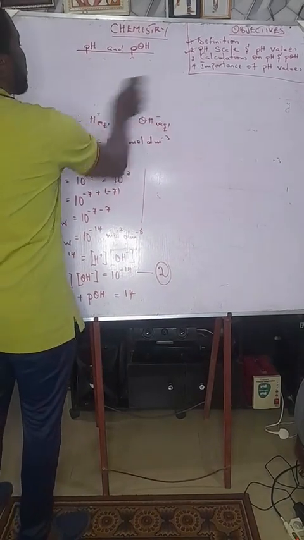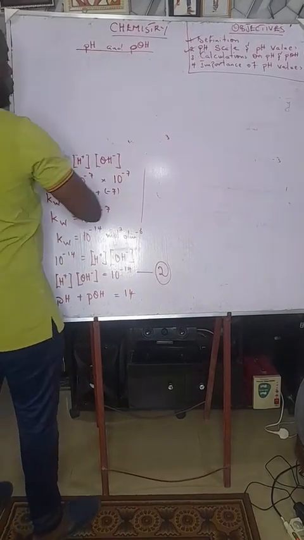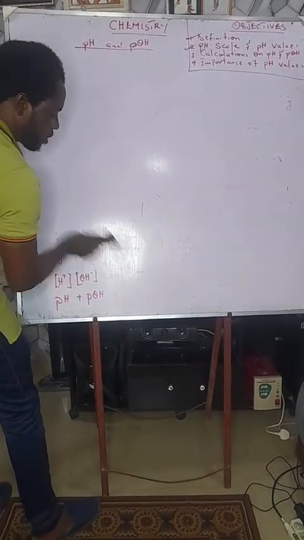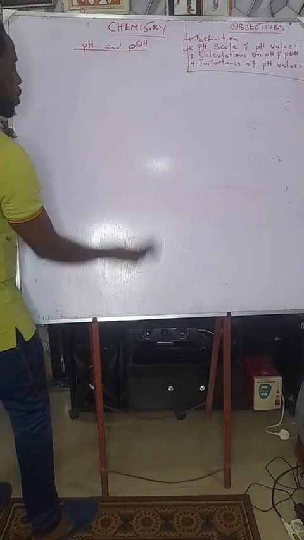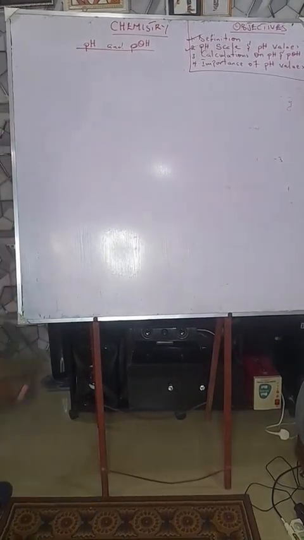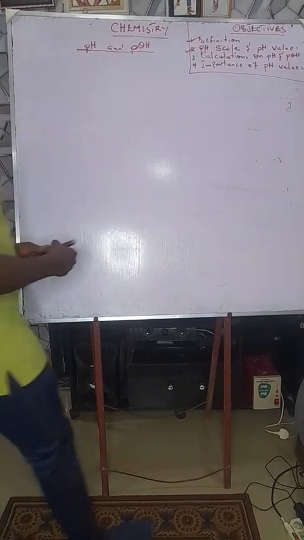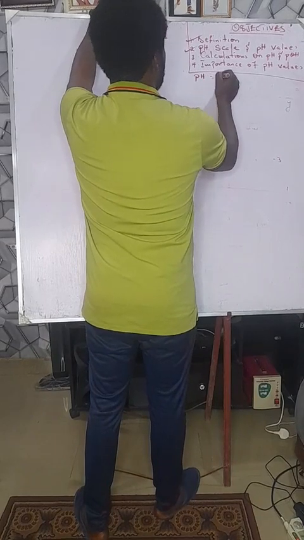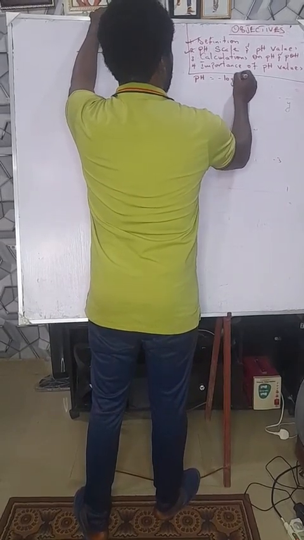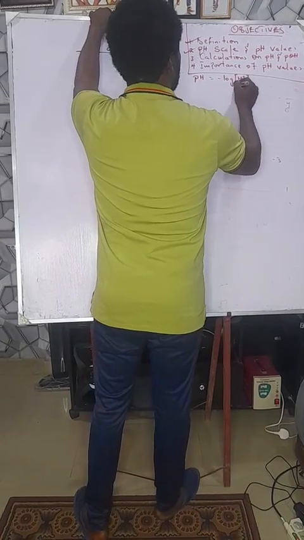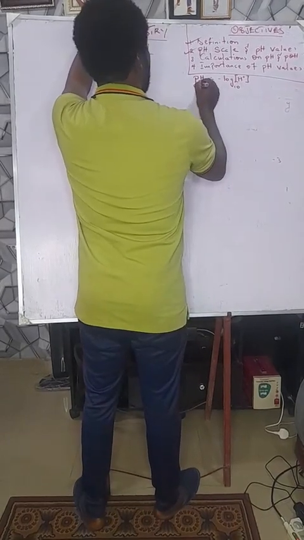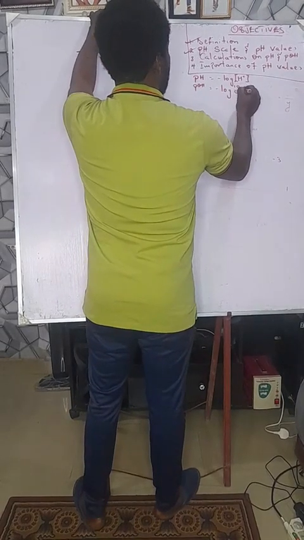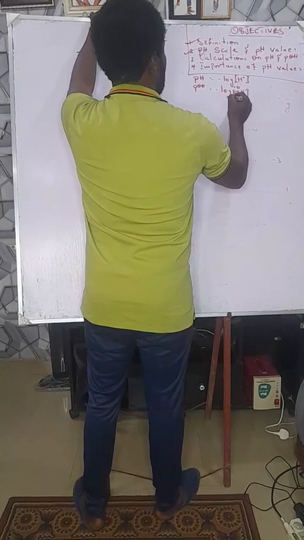So without wasting time, I've given you three good formulas. The first formula I gave you is pH equals negative logarithm of hydrogen ion concentration to base 10, or pOH equals negative logarithm of hydroxide ion concentration to base 10. Let me put the formula here. pH equals negative logarithm of hydrogen ion concentration to base 10. pOH equals negative logarithm of hydroxide ion concentration to base 10.